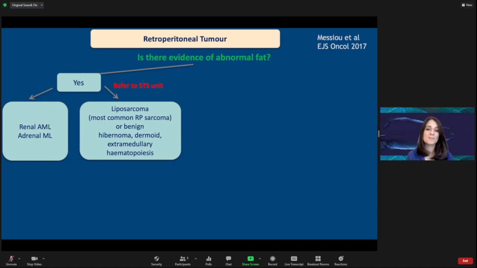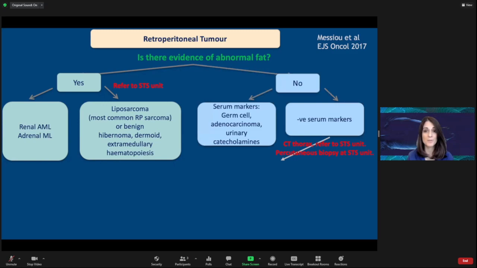If you do find fat, carefully interrogate to see whether it's coming off the kidney or the adrenal. Could this be a benign renal angiomyolipoma or an adrenal myelolipoma? And if it's not coming off the kidney or the adrenal, it could be a liposarcoma. And although there are other fat-containing benign lesions in the retroperitoneum, at that point it really is worth considering sarcoma and referring on for an opinion.